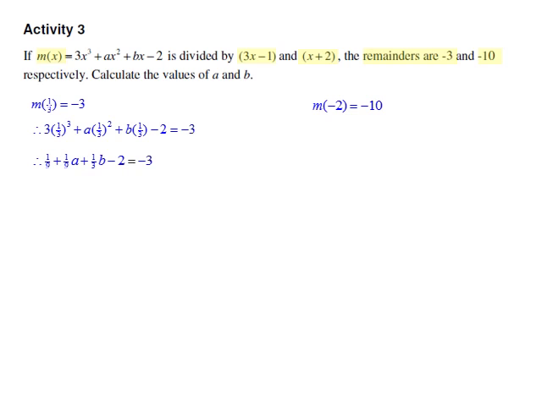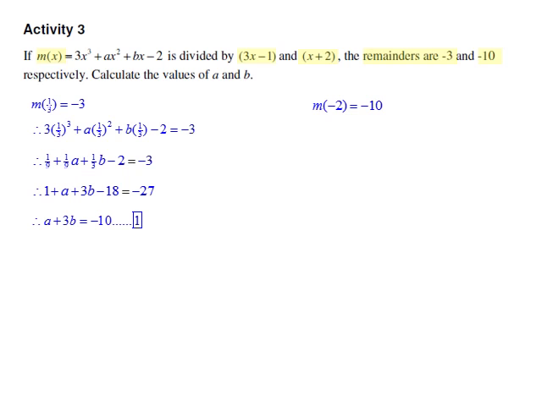Now, I don't like this equation because of all the fractions, but luckily you can multiply an equation right through by the LCD, which is 9, to give you that 1 plus a plus 3b minus 18 is equal to negative 27. If we now get a plus 3b alone on the left-hand side and all the constants on the right-hand side, it gives me that a plus 3b is minus 10, and I'll call that equation 1.